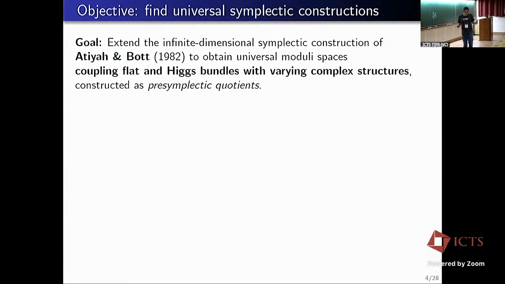Okay, how do we model this interaction? Is via symplectic geometry. We take the approach of Atiyah and Bott in their seminal paper on the self-dual Yang-Mills equations on a Riemann surface.